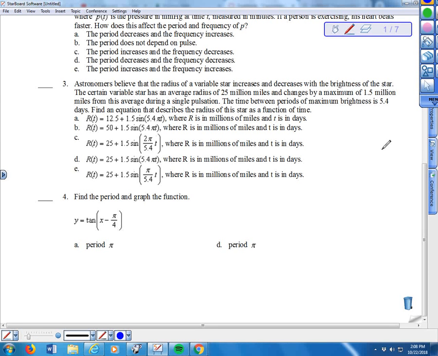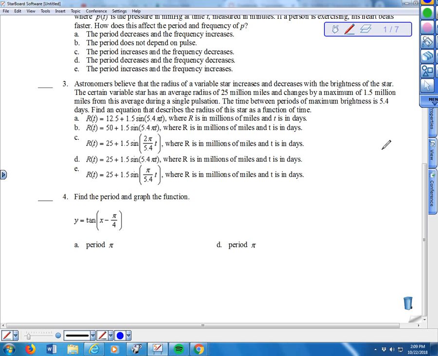And so tangent has asymptotes at negative pi over 2, pi over 2, 3 pi over 2, 5 pi over 2, 7 pi over 2, right? But it shifts right pi over 4. So now the asymptotes are at negative pi over 4, 3 pi over 4. It's just every asymptote shifts over pi over 4.